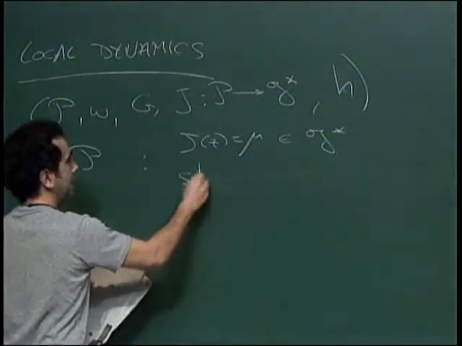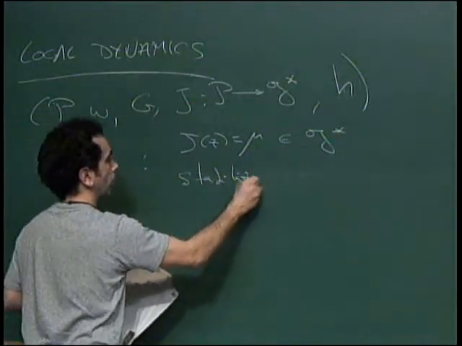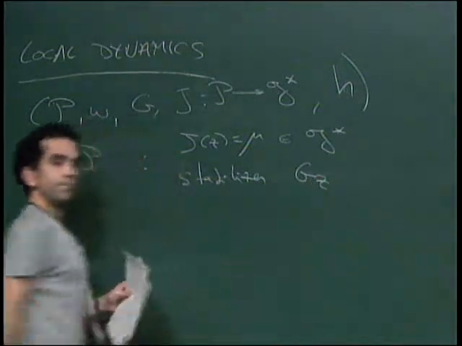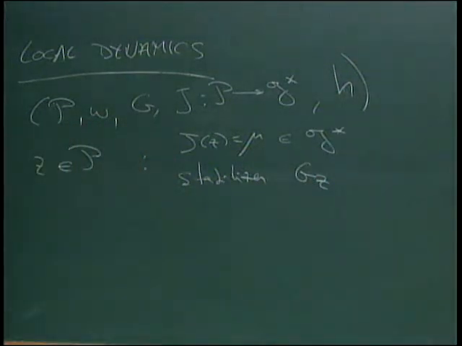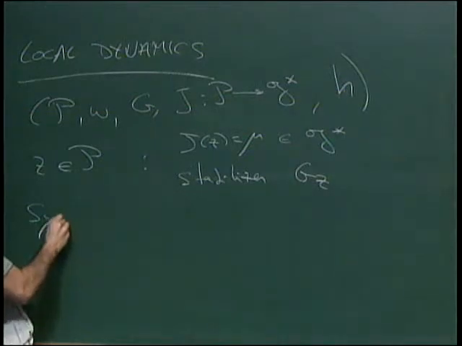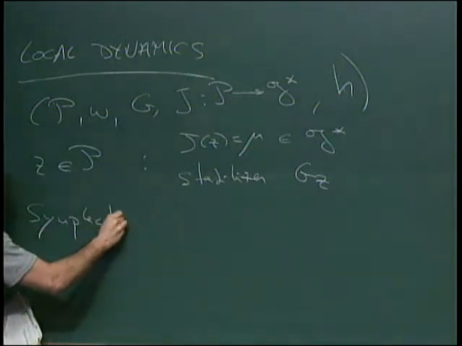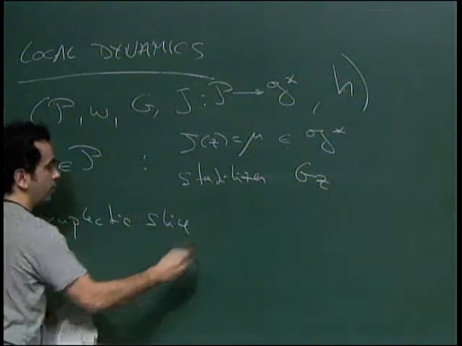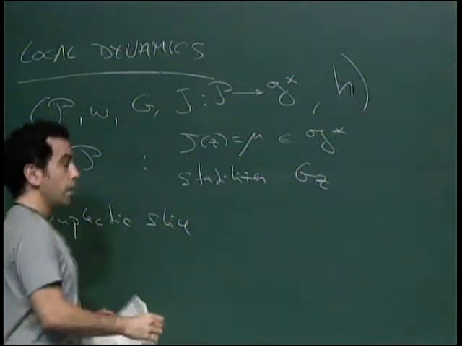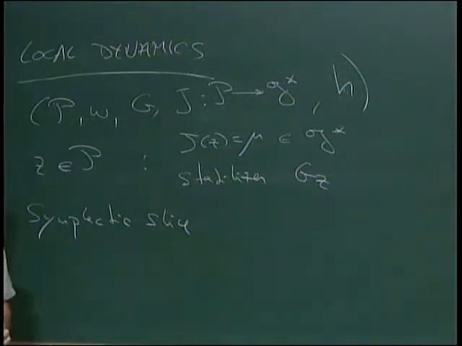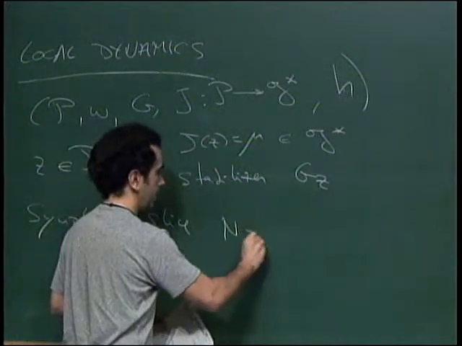And it has as a stabilizer the group GZ. Okay. First thing we are going to do is, as usual, compute what is called a symplectic slice, or if you like, symplectic normal space, which is the space on which you study linearization of this kind of Hamiltonian systems. And how do you define this?